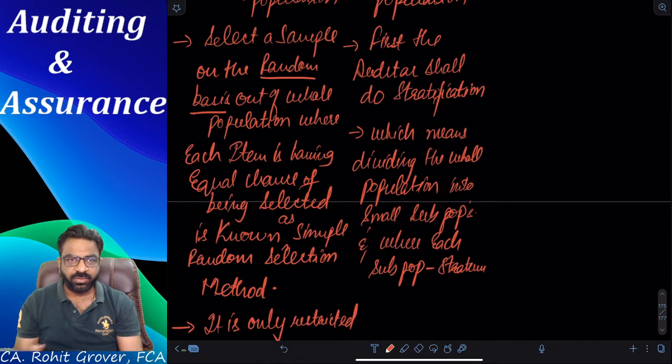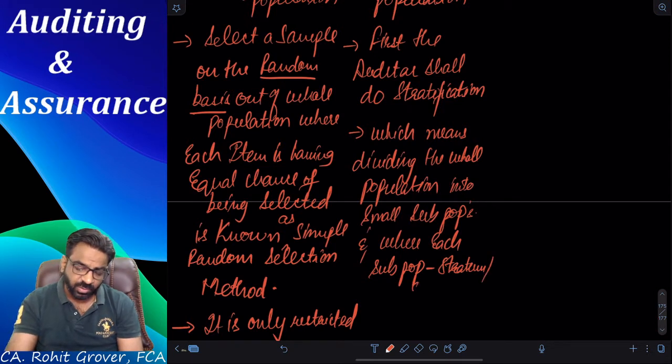And remember one thing, you can call it stratum and you can also call it strata. There are two names.